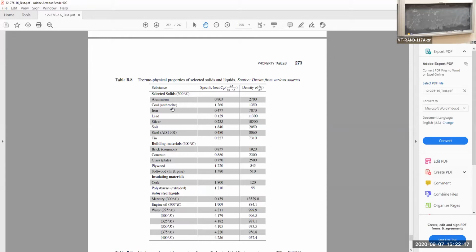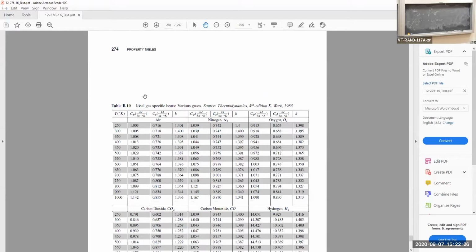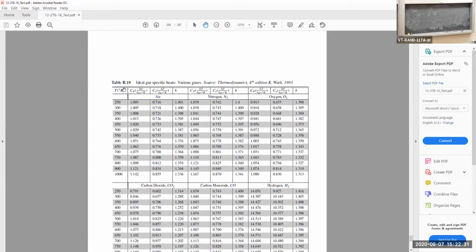And now we have ideal gas specific heats for various gases. For air at 300 Kelvin, CV is 0.718 kilojoule per kilogram Kelvin. At 600 Kelvin, it is 0.764 kilojoule per kilogram Kelvin.